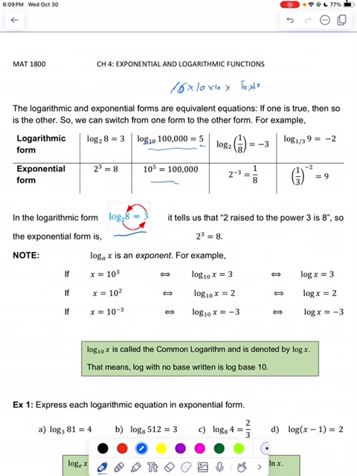Now the next one is saying log base 2 of 1 over 8 equal to negative 3. So how will you convert? 2 raised to negative 3 equals 1 over 8. And similarly, the last one, log of 9 to the base 1 over 3 equal to negative 2. So we convert it to base raised to the power negative 2 equals 9.